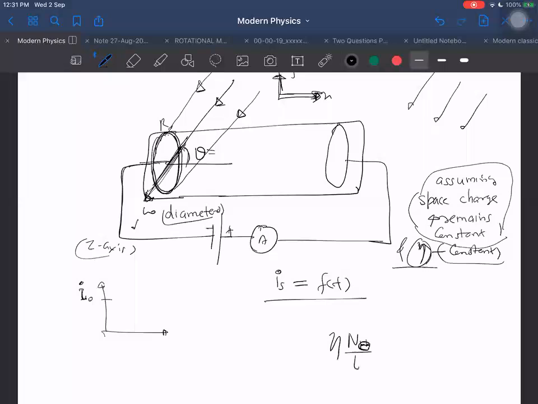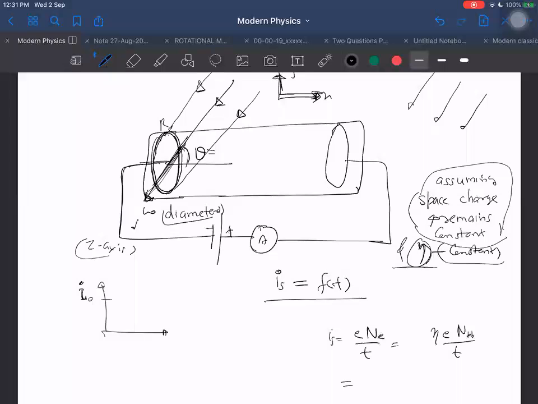That is the current. Saturation current will be number of electrons ejected into charge on electron upon time, and that will become equal to eta into E into number of photons incident per unit time.